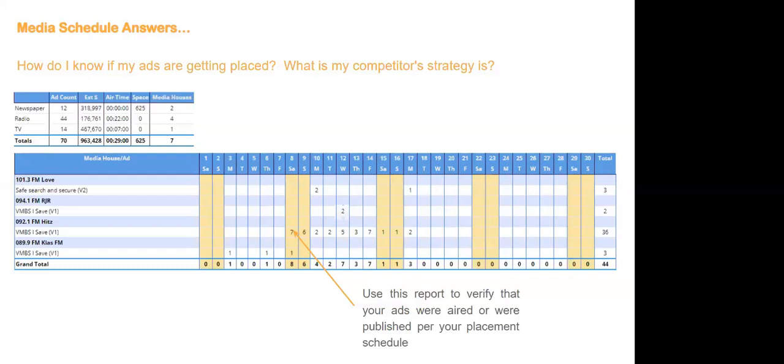So if the media houses don't comply strictly with your placement schedules, you have that knowledge, you can show it to them, and therefore it gives you leverage in your future negotiations to get better rates, better discounts, or even make good ads. So both verifying media house compliance as well as competitive intelligence information are important tools for you to have in relation to your media placement strategy.